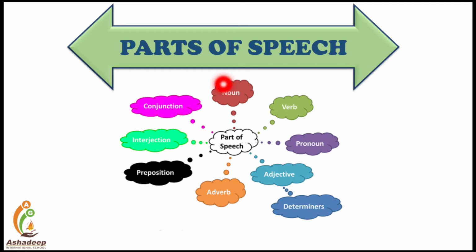We will see this. First is noun, verb, pronoun, adjective, adverb, preposition, interjection, conjunction. These are the parts of speech. We are using all of these while we speak. We'll see in detail.